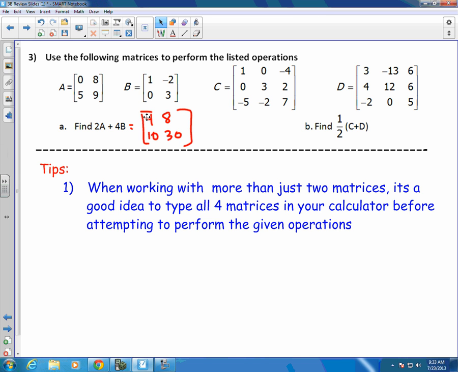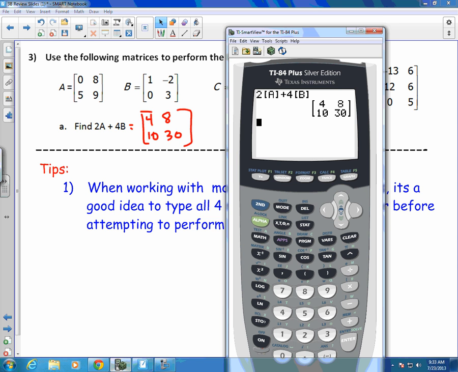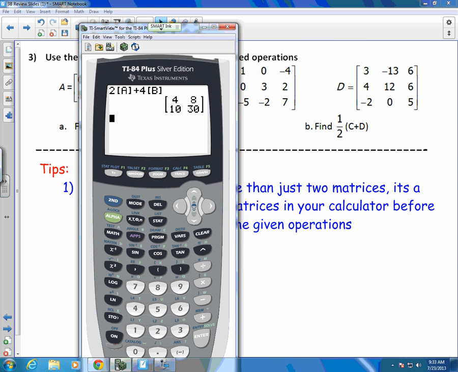Same thing for the next one. Once again, once I have all the matrices in there, it's 1/2 C plus D. So I'm going to go over here and just do 1/2. I'm going to type it in, just go 0.5 parentheses, go back to my matrix menu, pull C, and then add matrix D. There's nothing too crazy about this, just a matter of putting that time in at the beginning to get your answer.